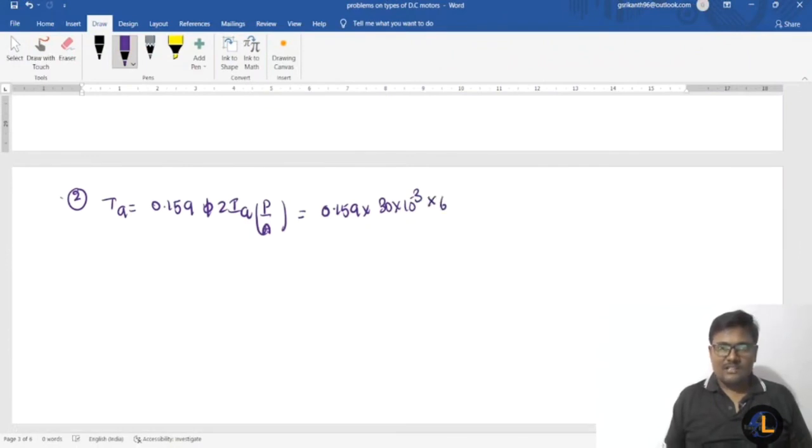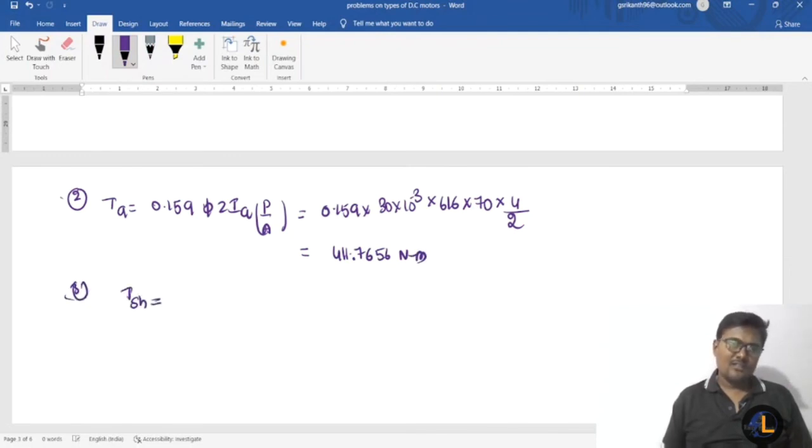Total number of conductors is 616. The armature current is 70 amperes and 4 divided by 2. Then I got it as 411.7656 Newton meter.